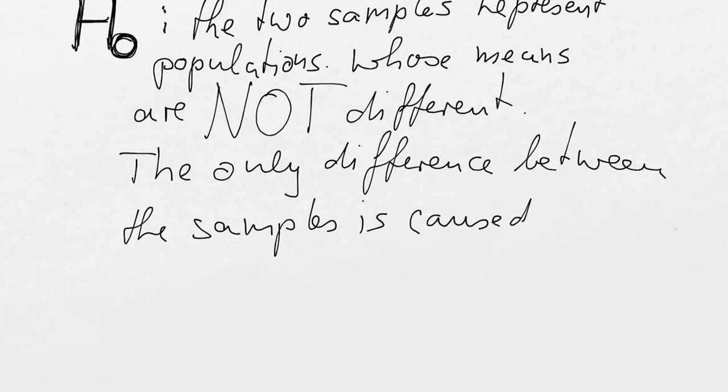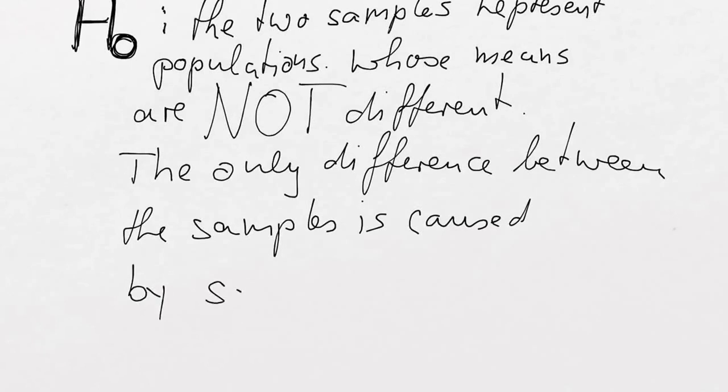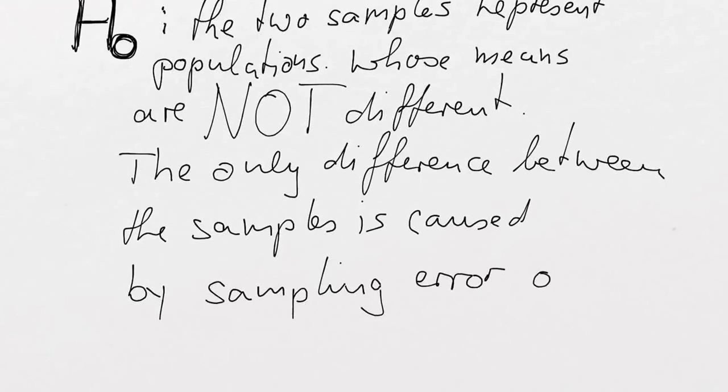Sampling error, exactly. Every time I take a sample, I make a sampling error. I can't avoid sampling error. So the difference between these samples is caused by sampling error only. Okay?